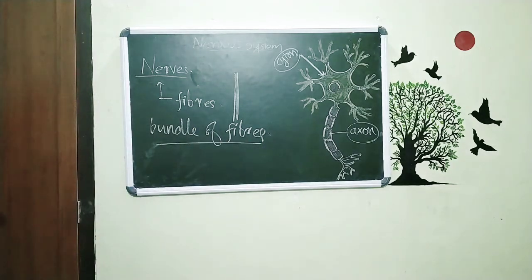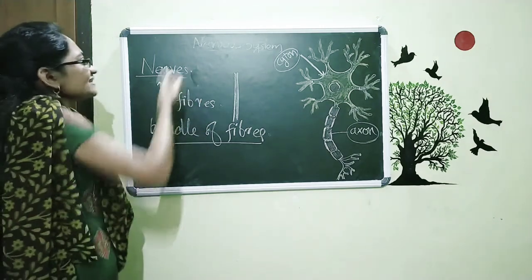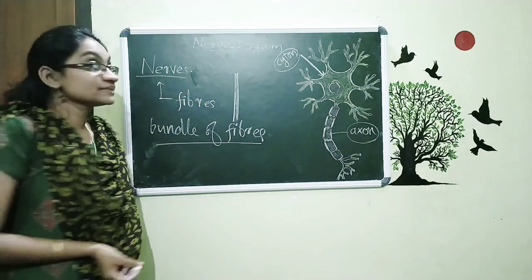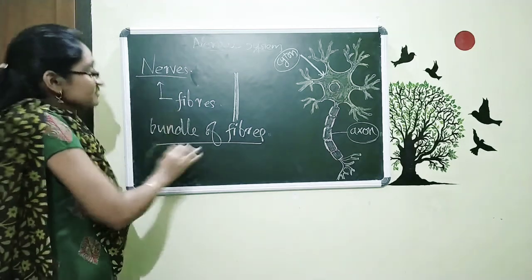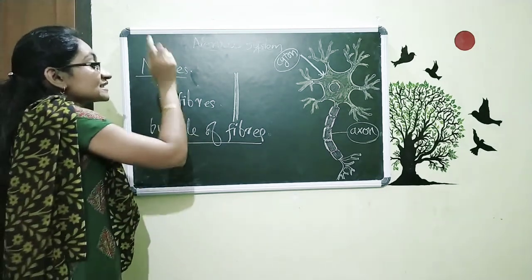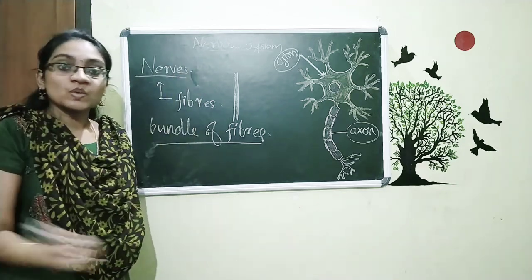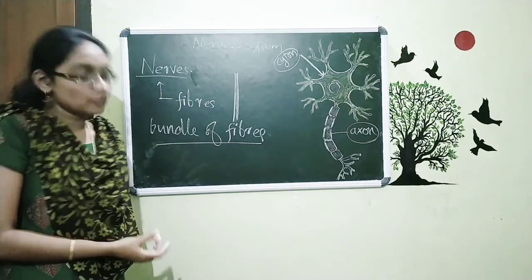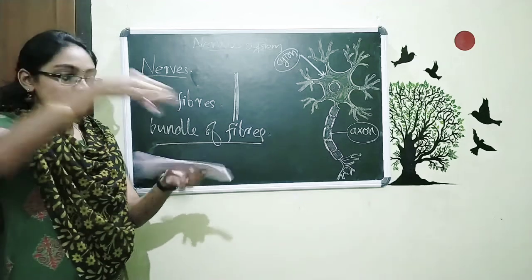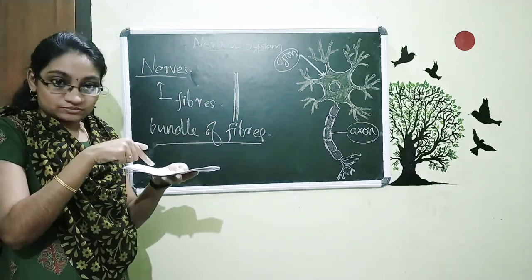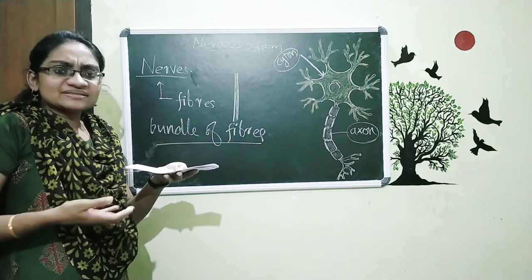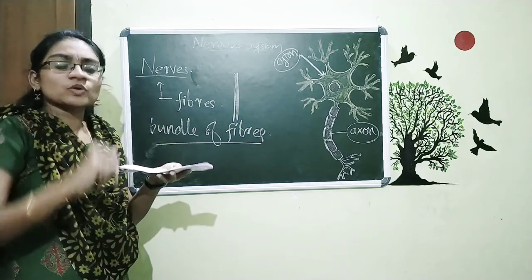The next point is, what are nerves doing? That is the main question. Nerves connect our brain to all parts of our body. For example, I am putting a chalk here. I want to take this chalk. How can we take this? How does my hand get moved to the top?